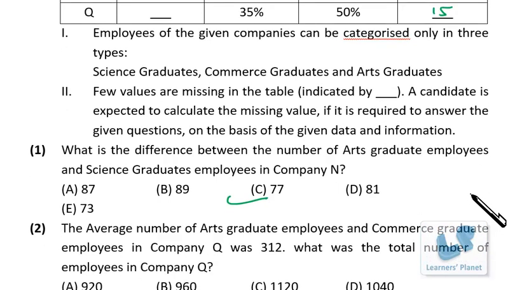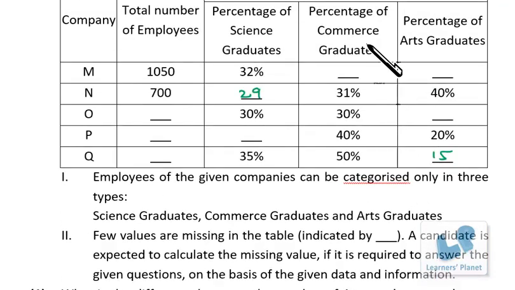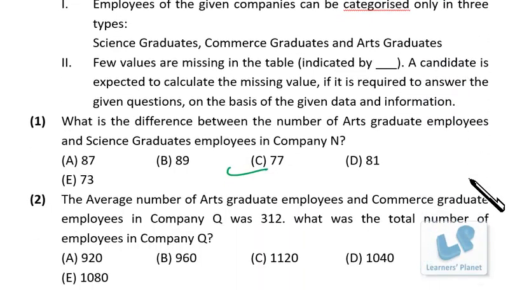What was the total number of employees in company Q? So average is 312, that means total of arts plus commerce is 624, that is double of this, right? And commerce plus arts is actually 65%, right? So 0.65 of x, that is the total strength.